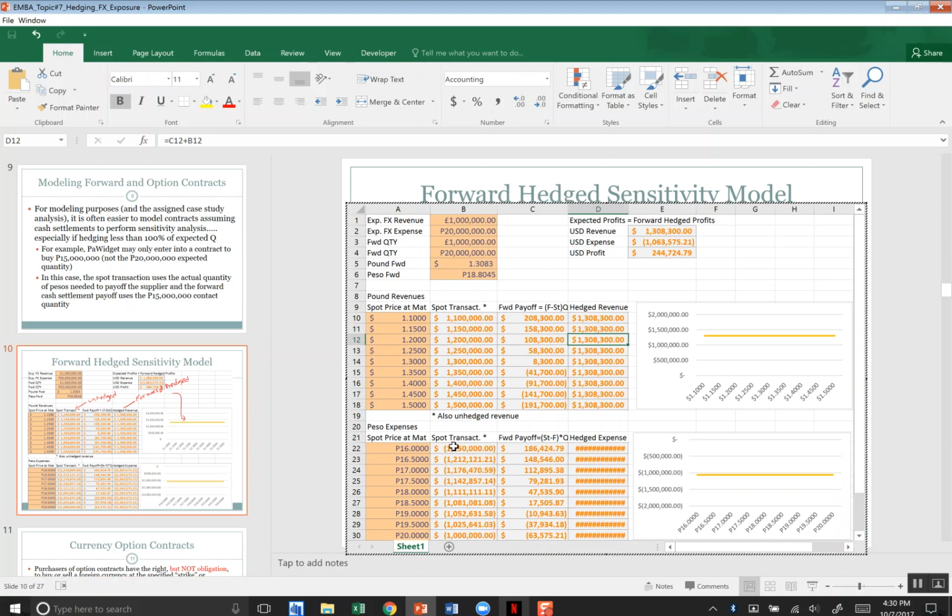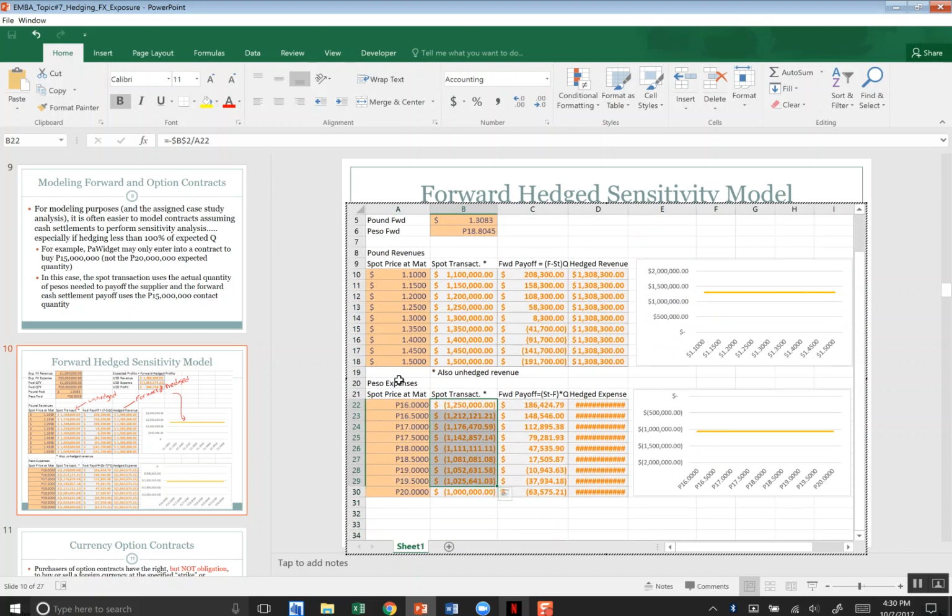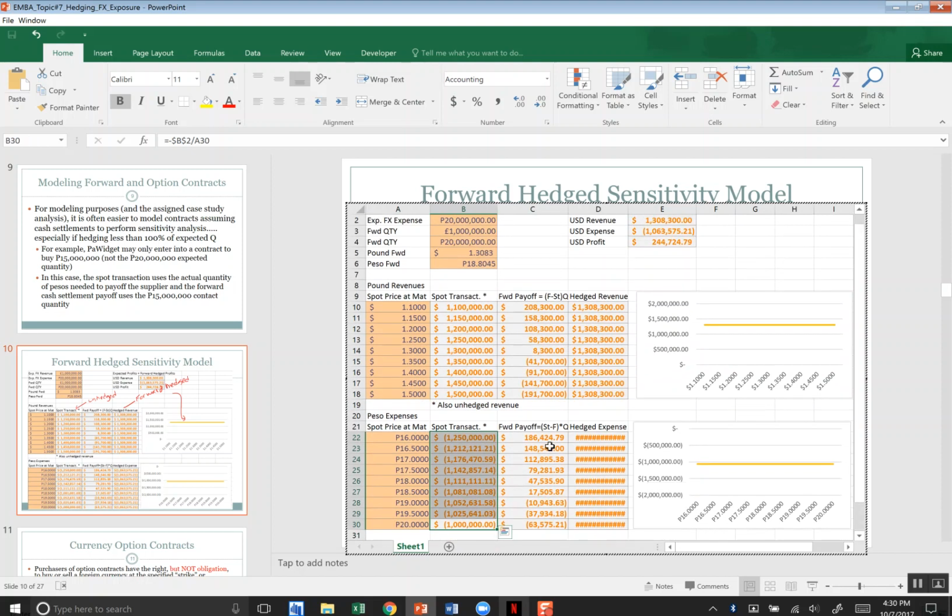And here's just the peso one. If you don't hedge and you have to buy 20 million pesos and the exchange rate is somewhere between 16 and 20, you'll pay between $1 million and $1,250,000. That's what you'll wind up paying if you don't hedge. But you get this contract with Goldman Sachs, which is the difference in the actual exchange rate.